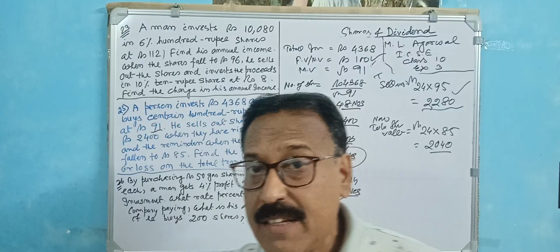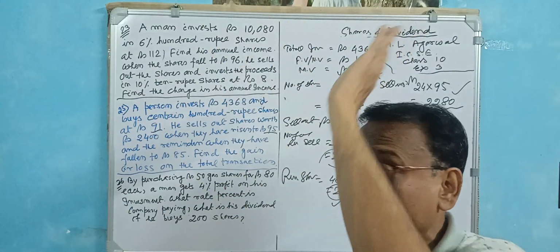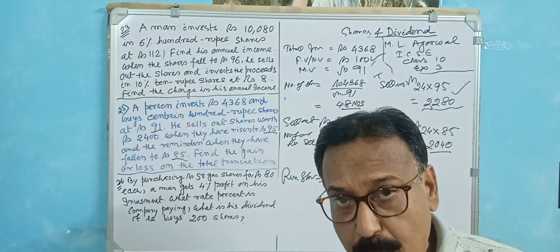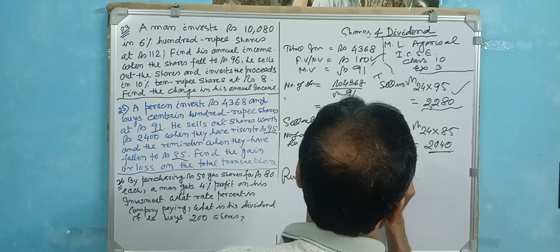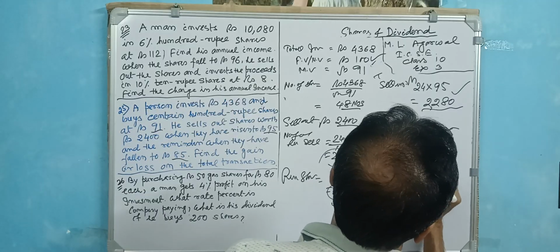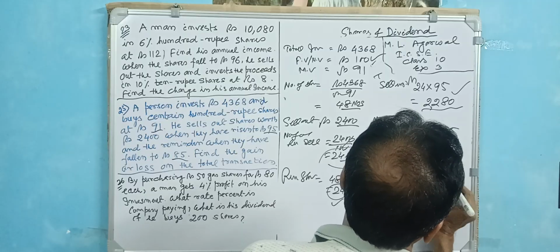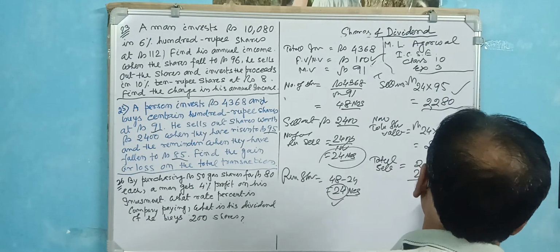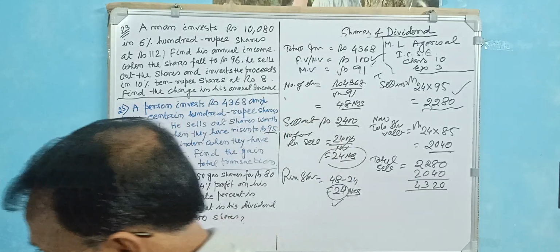The number of shares remaining in hand is also 24, and these are sold when the share price falls to 85. So the total collection is 2280 plus 2040. Clear. This is the total collection.